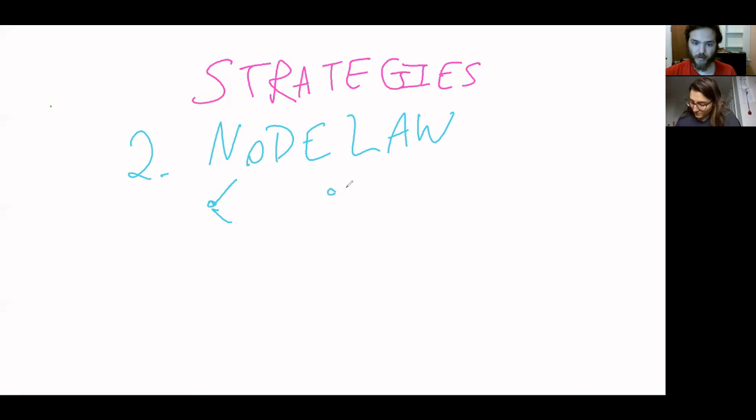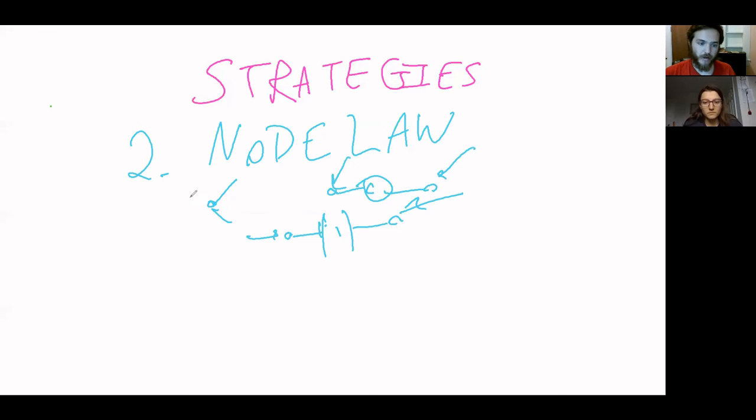We want to draw some nodes before and after a component, and at one side of the battery and at the other side of the battery. If we're getting the wrong answer, or we don't feel like it's right, we just want to check the nodes. We want to make sure that the current here is the same as the current here, or the current here is the same as the sum of these two currents. This is a big, nice, easy key to checking our answers properly.